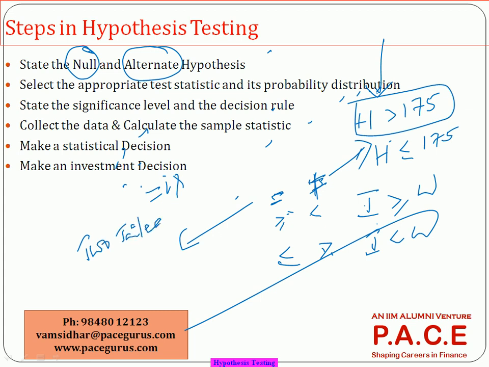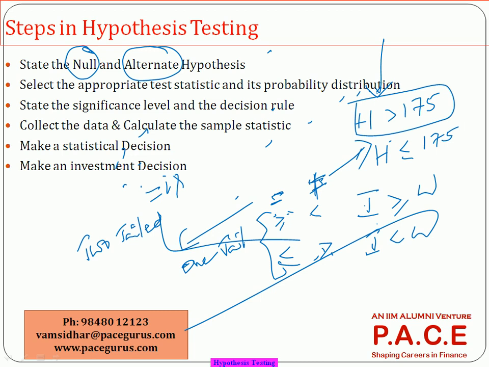We'll discuss more about it slightly later, but for now, I'm looking at testing on both the tails, lesser than as well as greater than. Both of them are important for me. So that is where we call it a two-tailed test, whereas the other two, we call them one-tailed tests, because we only look at one side.